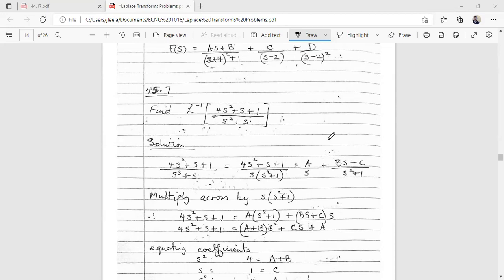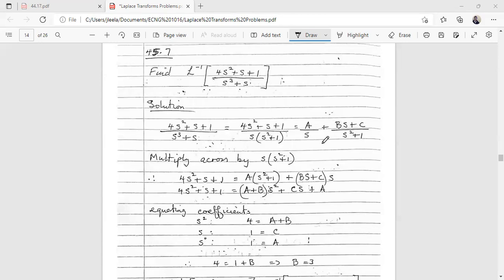So you could pull out an s in the denominator, so you end up with s into s squared plus 1, and 4s squared plus s plus 1 is your numerator. So you end up with a simple factor s and an irreducible quadratic factor, s squared plus 1. So you break that up into a over s plus bs plus c over s squared plus 1.